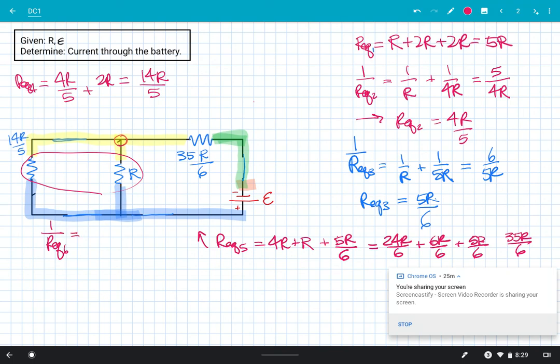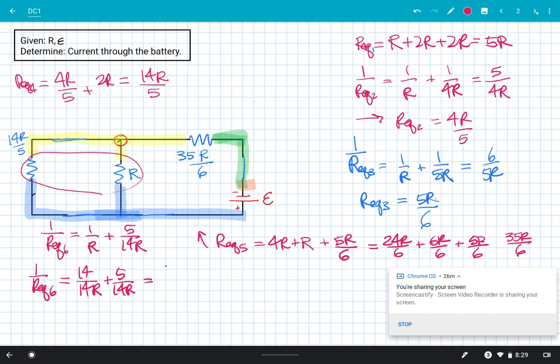So 1 over R equivalent 6 is 1 over R plus 5 over 14R. So that'll be 14 over 14R plus 5 over 14R.